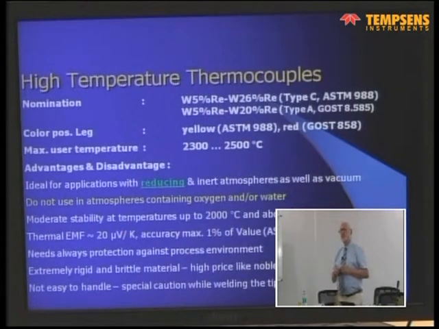A disadvantage is that the 2 legs of the refractory elements have a different expansion coefficient, and the difference is about 17%. So it is not so easy to handle and to manufacture such thermocouples. But obviously it is possible.